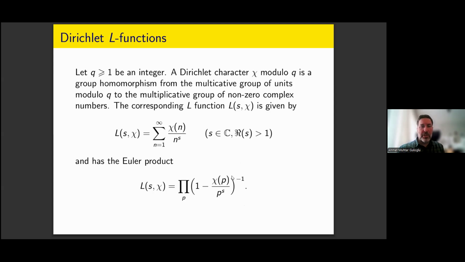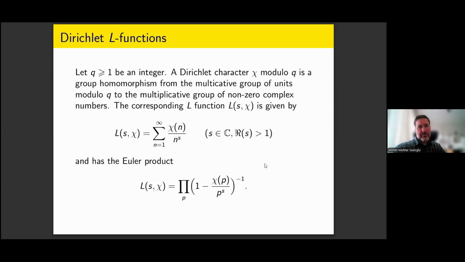However, the Euler product itself is not absolutely convergent. So you cannot show from this Euler product that this is not going to be 0 at 1/2, for example. You have to show that the sum is not equal to 0 when you plug in s equals 1/2. I don't know if you can show that. I guess nobody could so far.